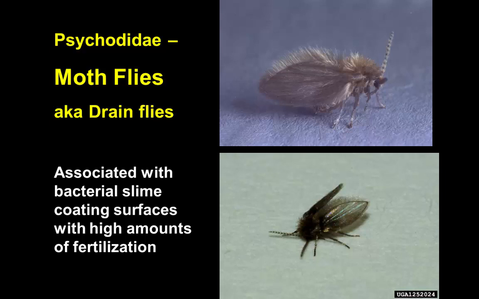So moth flies would be coming from a drain or some area where there's bacterial growth, and if you wish to eliminate those, you would manage that site. These do not have any effect on plants. You would not find these associated with houseplants.